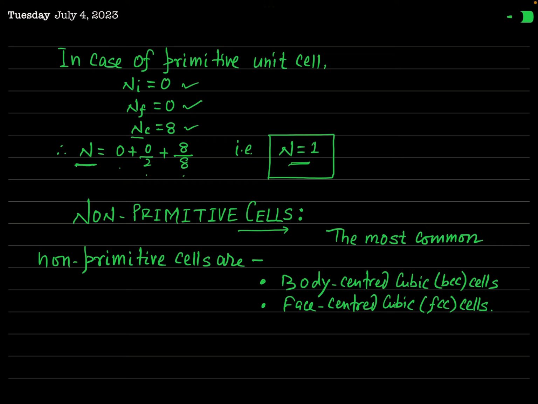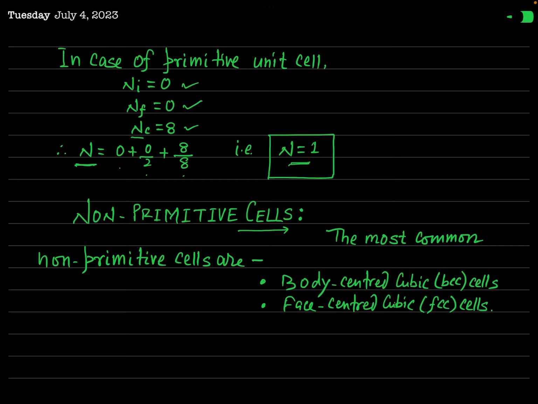Now we are talking about the non-primitive unit cell. We have learned that in case of non-primitive unit cells, the lattice points will also lie at other points apart from the corners.